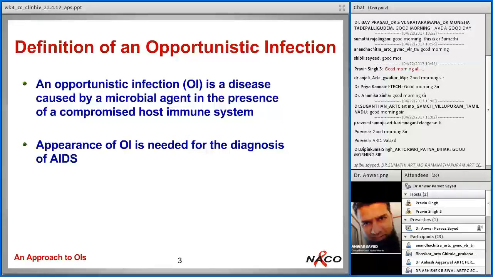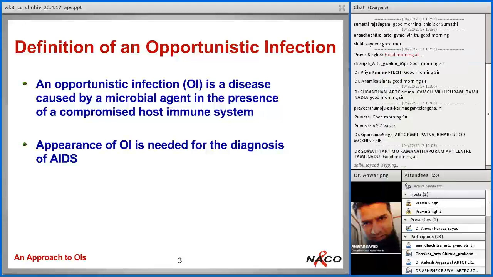The definition of opportunistic infection: it is a disease caused by a microbial agent in the presence of a compromised host immune system, and the appearance of an OI is needed for the diagnosis of AIDS. AIDS, as all of us know, is acquired immunodeficiency syndrome.